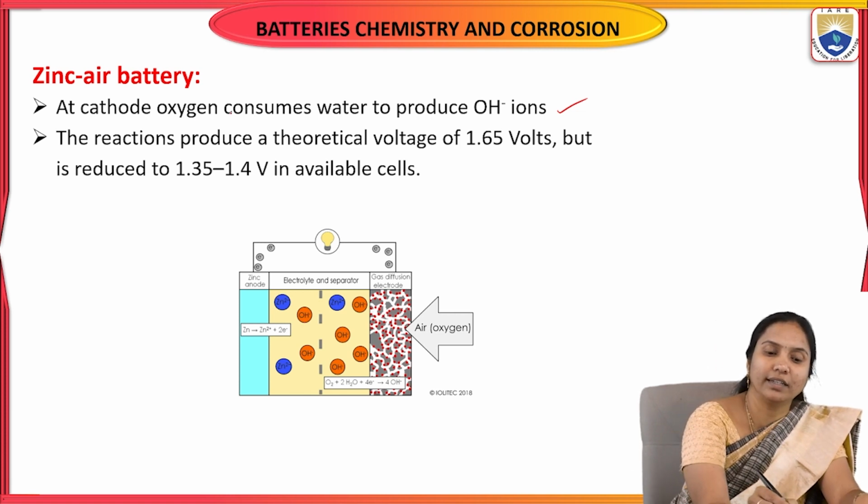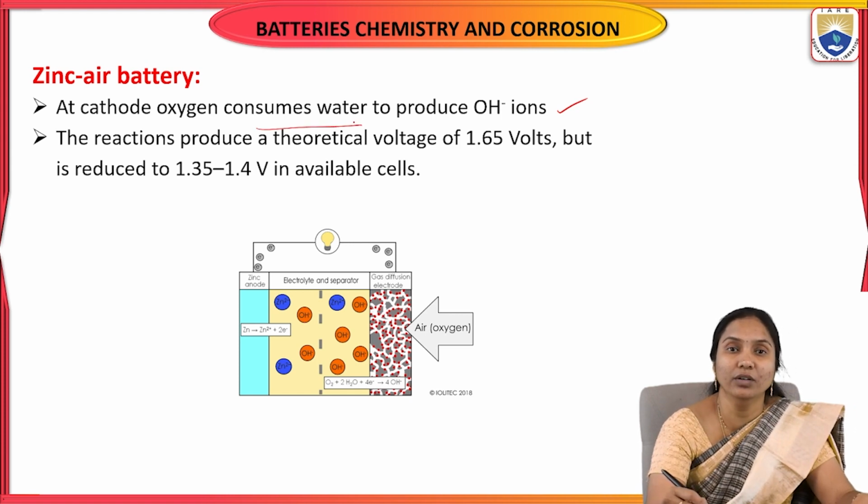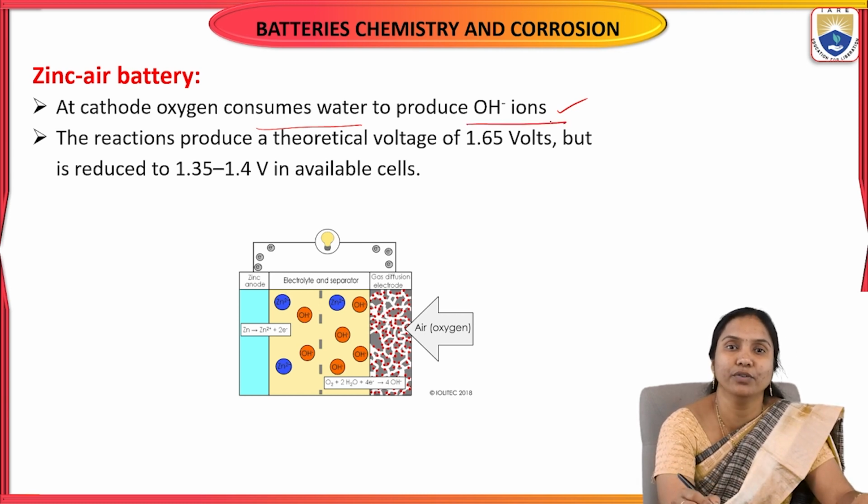At the cathode, oxygen interacts with water to produce OH minus ions.